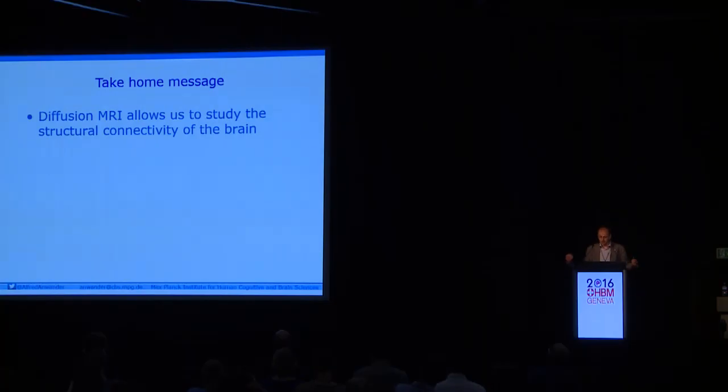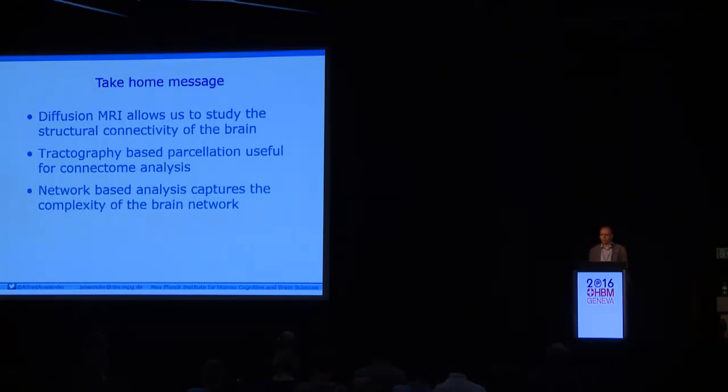With this, I just want to summarize that diffusion MRI allows us to study brain connectivity and to parcellate the brain. With network analysis, we can capture the complexity of the brain, and the integration with cognition is still very, very challenging.